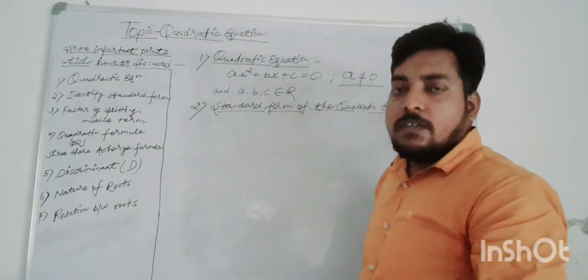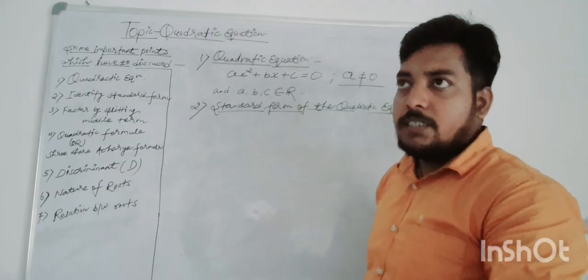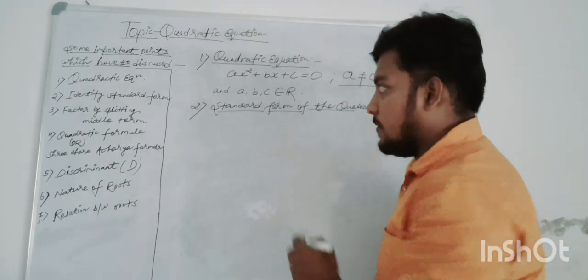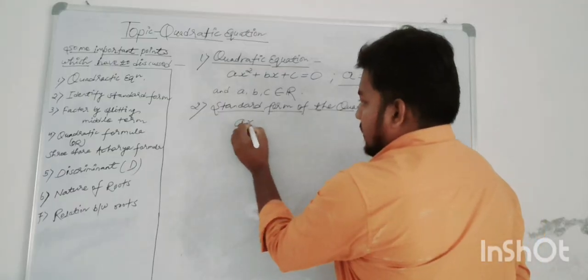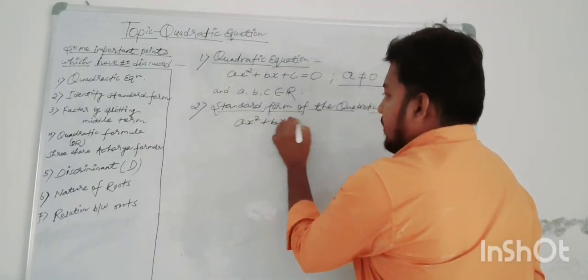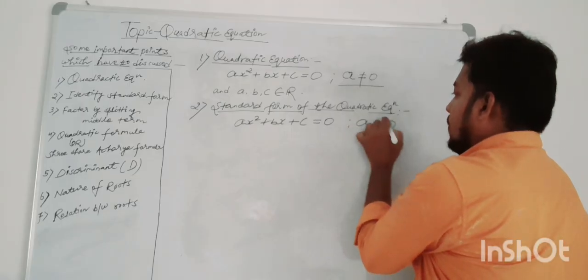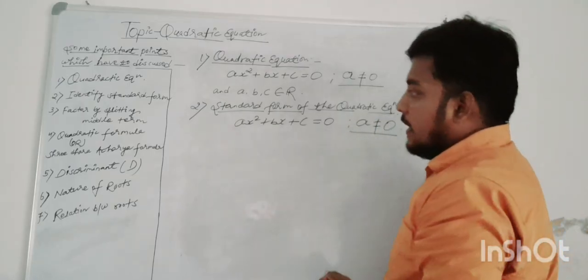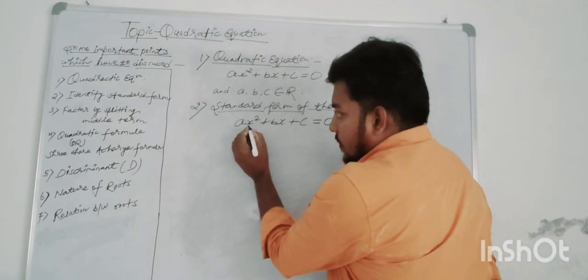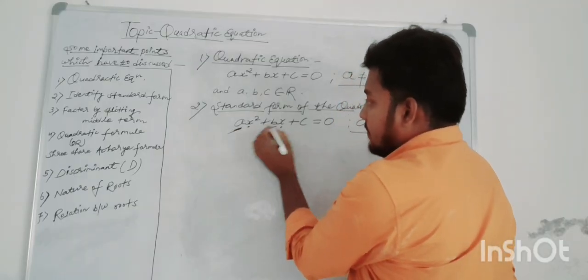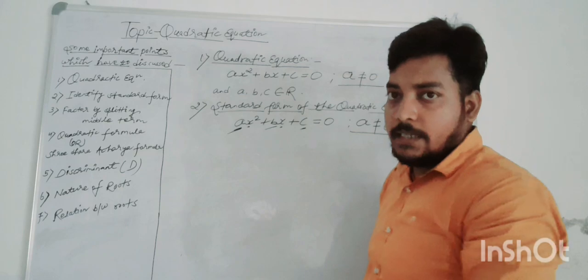Standard form of the quadratic equation is ax square plus bx plus c is equal to 0 and a is non-zero, real number. Here coefficient of x square is a, coefficient of x is b, and constant term is c.